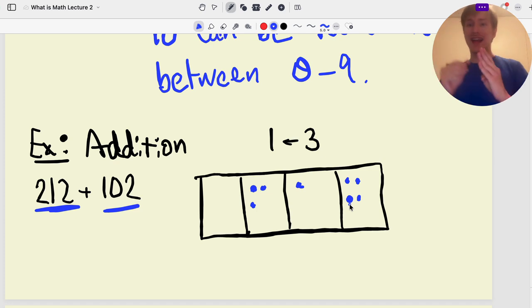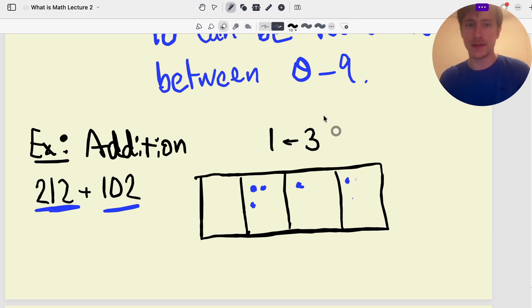Let's work right to left. So over here, I'm going to have how many explosions? Well, I'm going to have 1 explosion that's going to get rid of these 3 dots, and it's going to form a new dot to the left. I'm also going to have another explosion where all of these 3 dots are going to explode, right? And that's going to form a dot to the left of that.